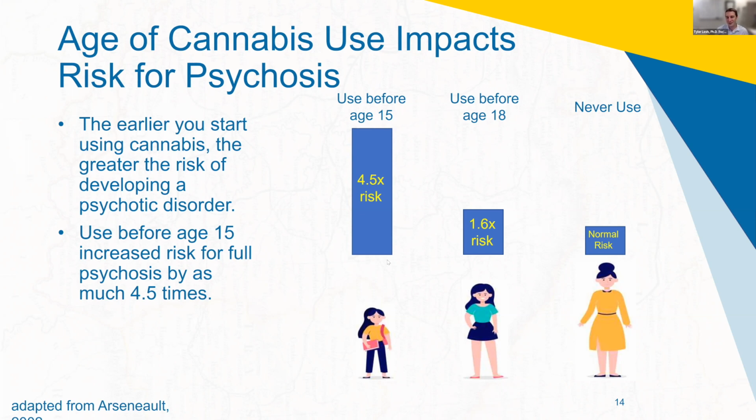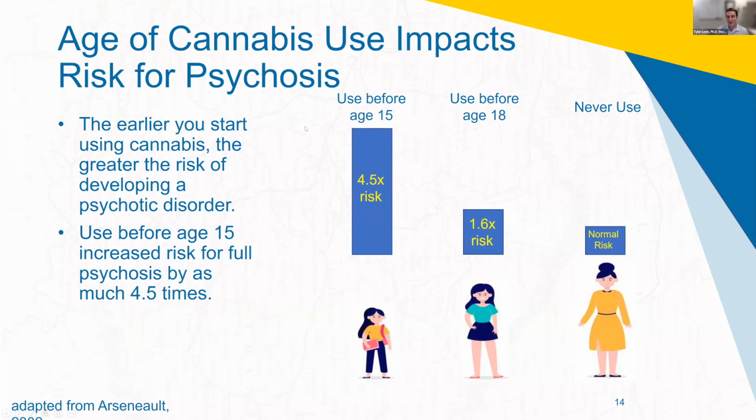This is just trying to illustrate that someone who uses cannabis before age 15 has almost a 5 times higher risk of developing psychosis, whereas that risk goes down a bit if you're using cannabis before age 18. And if you've never used, your risk is at a 1. But the earlier you start using cannabis, the higher your risk, and generally the more dangerous it is, for a negative outcome.